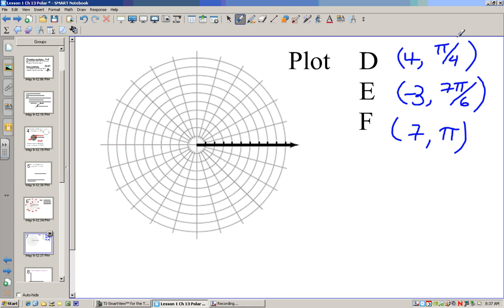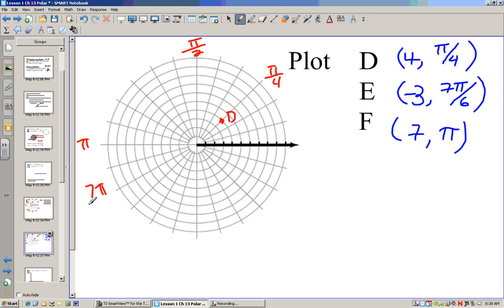Now, these are in radians, so that's pi. So if I wanted to do D, we needed pi over 4. So if I cut pi in half, it would be here. If I cut this in half, it would be right there. So if I go in that direction 4, 1, 2, 3, 4, that's my D. 7 pi over 6 is 1/6 past pi.